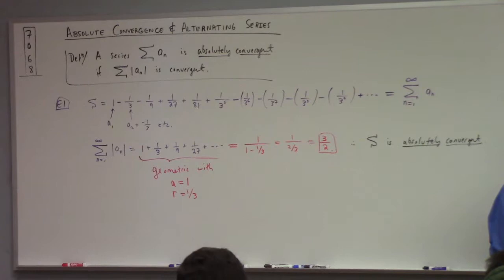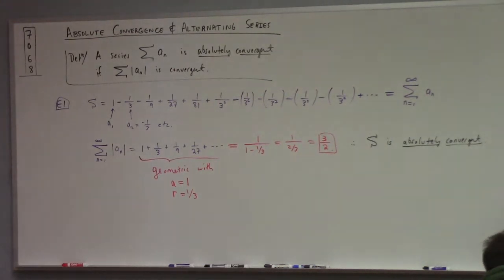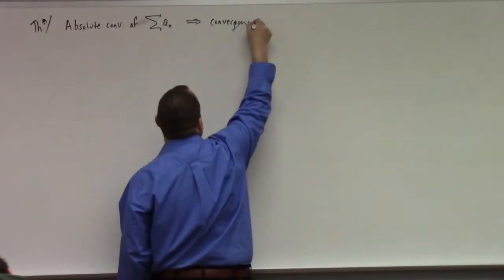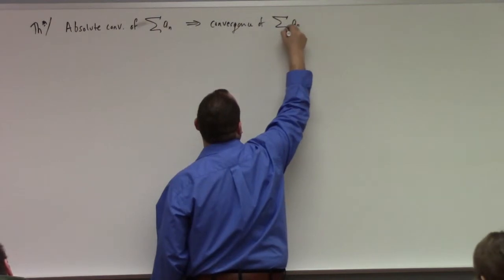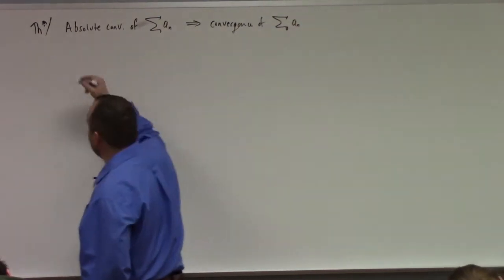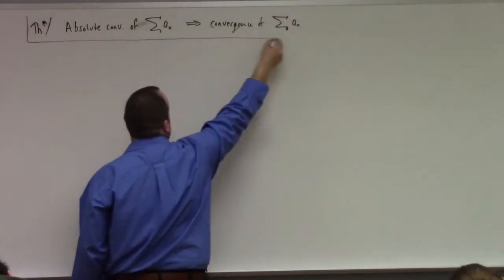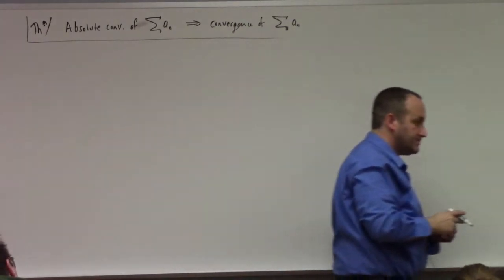There's a theorem which says the following: absolute convergence, well, absolute convergence of the series a sub n implies convergence of the same series. All right?